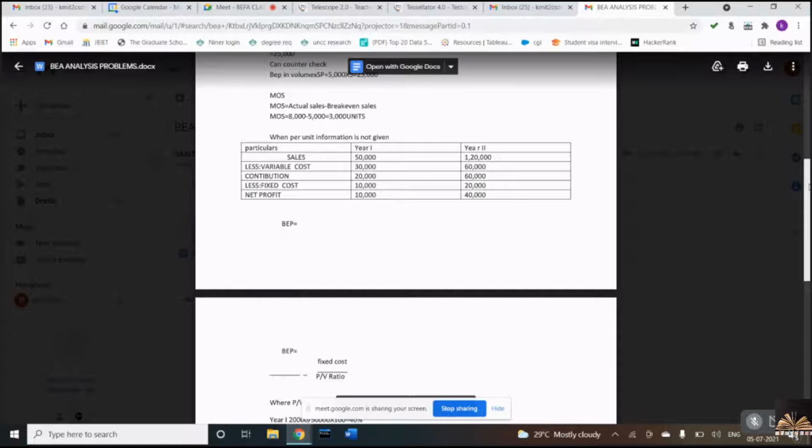Variable cost is not given per unit, so we apply the formula fixed cost divided by PV ratio. Contribution is sales minus variable cost, so 20,000 is the contribution. From contribution, if you deduct fixed cost, you get the net profit.